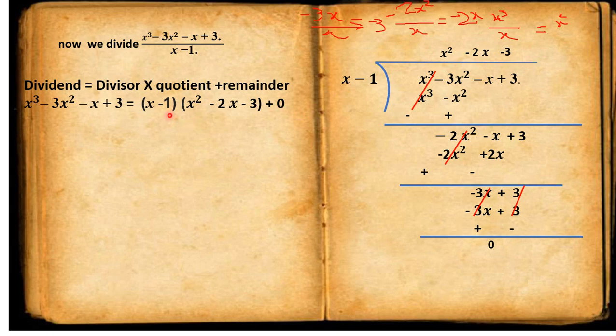Now, x minus 1 is a factor, so whatever further process we have to do is with the term x square minus 2x minus 3.